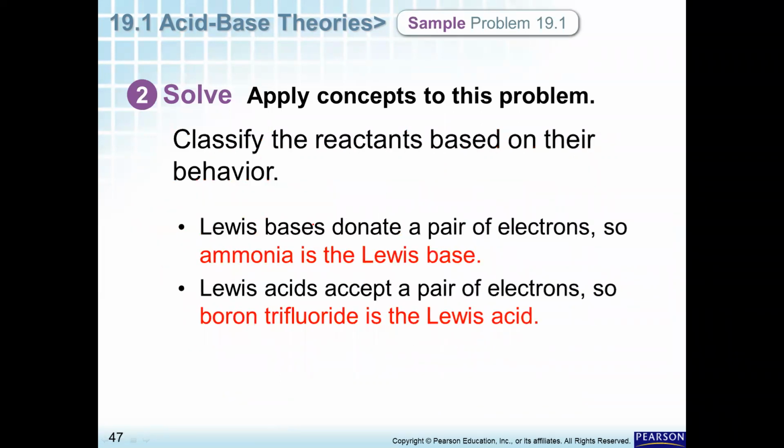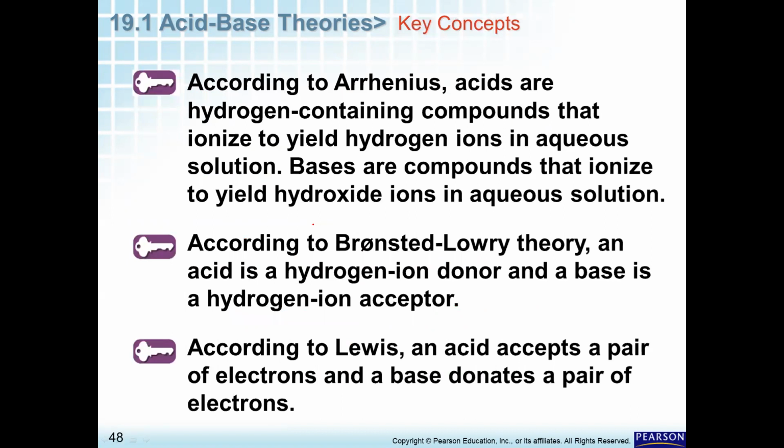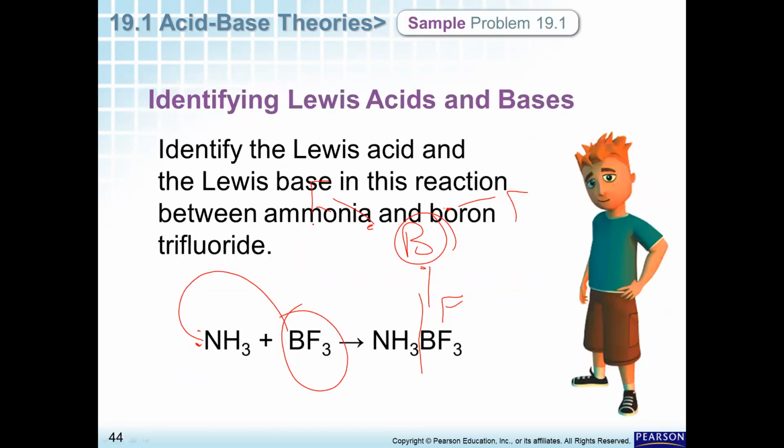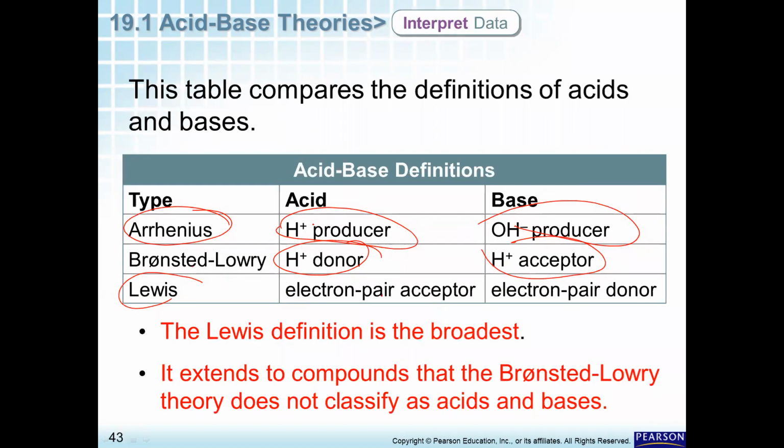So ammonia is defined as a Lewis base, and boron trifluoride is acting as a Lewis acid. Okay, so that is the end of that. Let me just summarize again using that table. This one here summarizes the whole lecture.